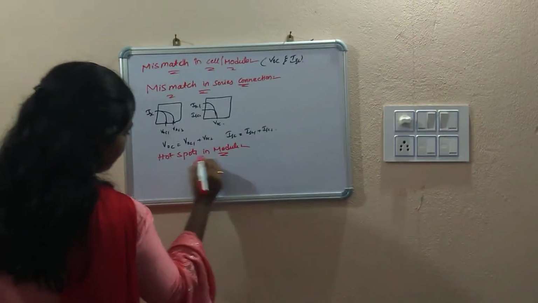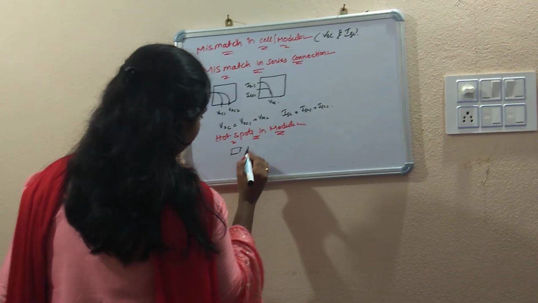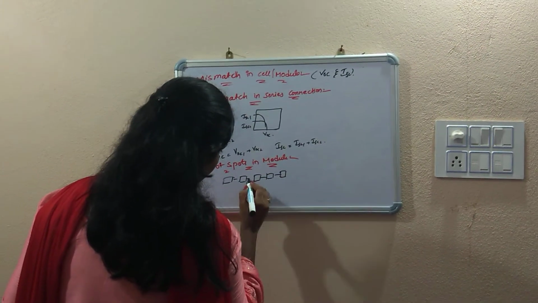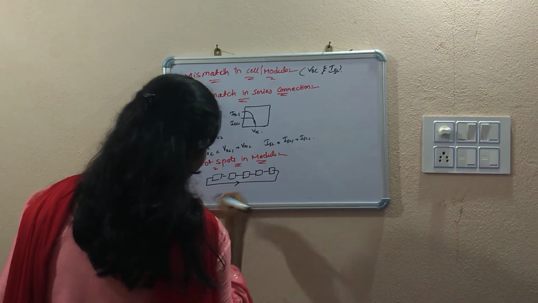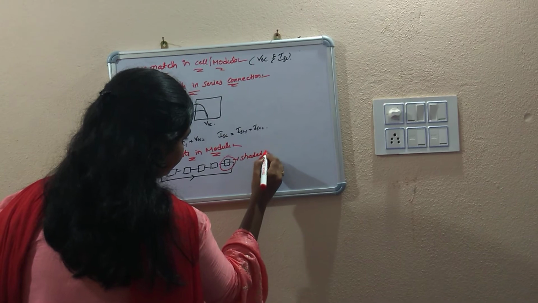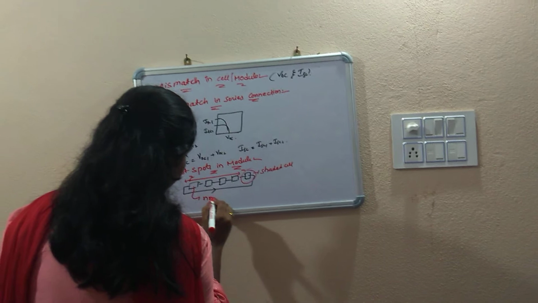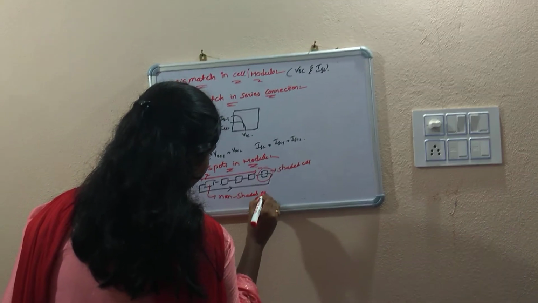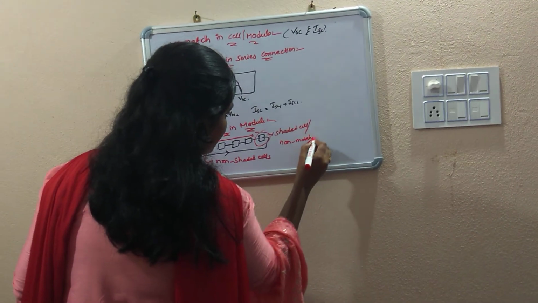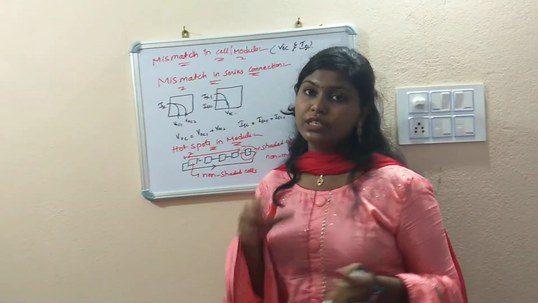Hot spots in a module. When we connect solar cells in series connection, we get shaded cells and non-shaded cells. If the shaded cell does not get damaged, it gives a good result.